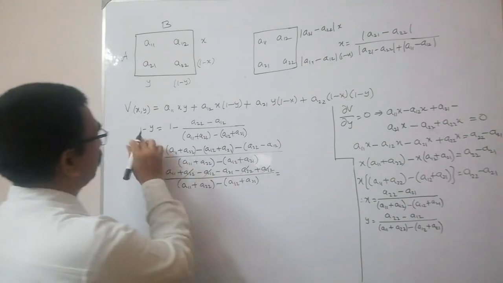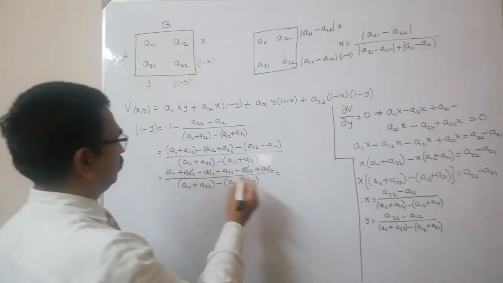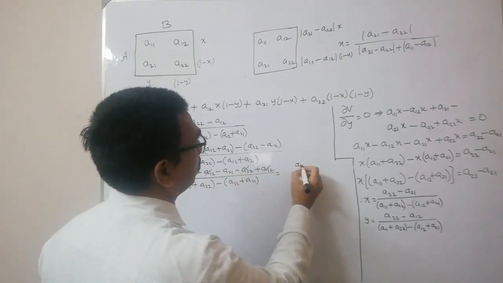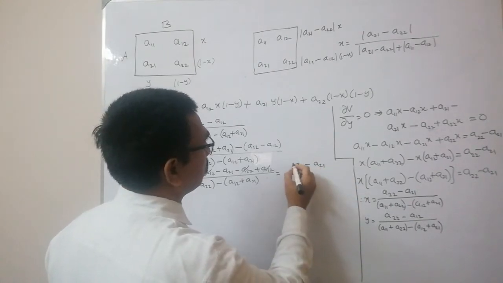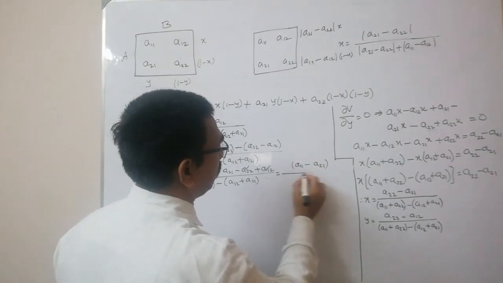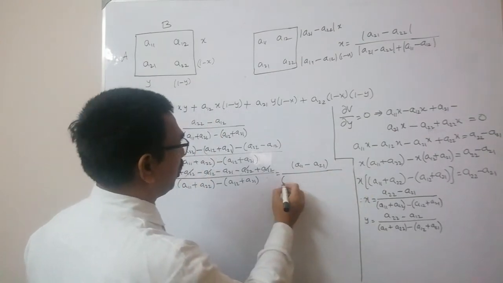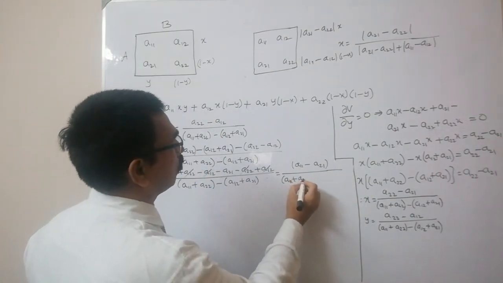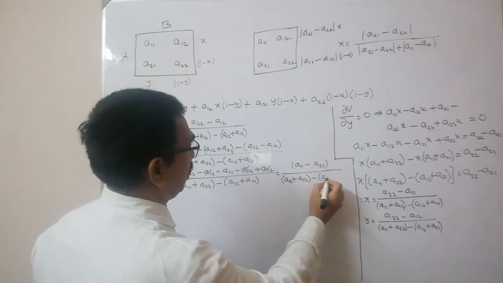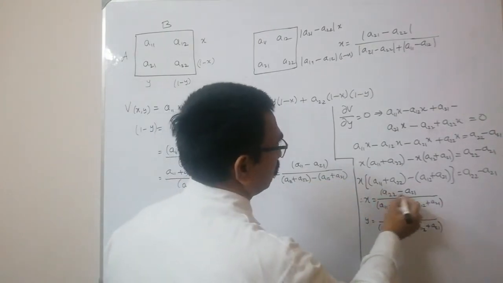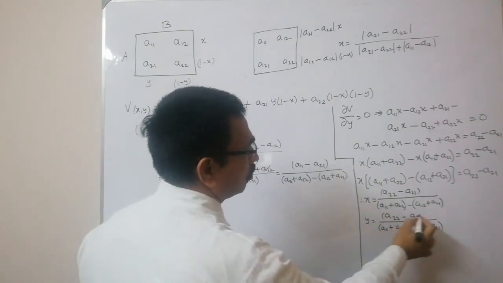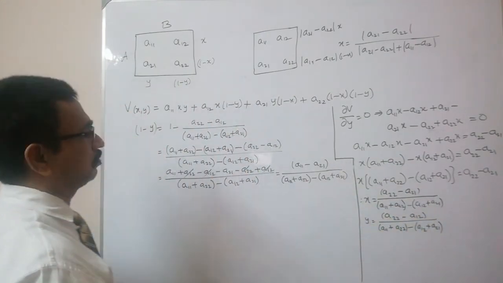So 1 minus y is (A11 minus A21) by (A11 plus A22 minus A12 plus A21). Okay, so this is how we can get 1 minus y.